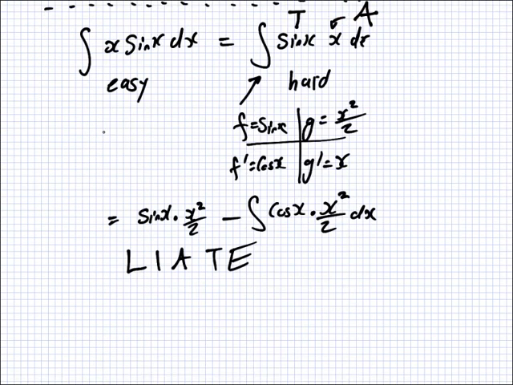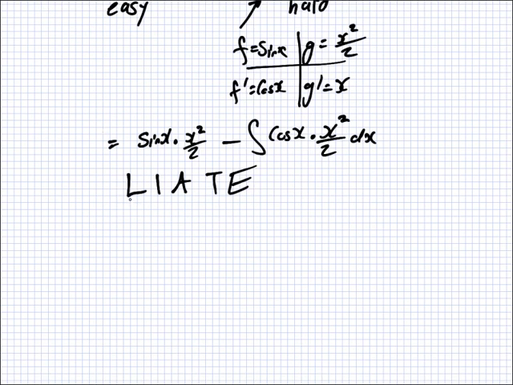The letters, yeah. So if you want to write this down, L stands for log, ln. I stands for inverse, sine inverse, cos inverse, tan inverse, you know, the -1. A stands for algebra, x, x squared, x cubed, etc. T stands for trigonometry, sine, cos, tan.